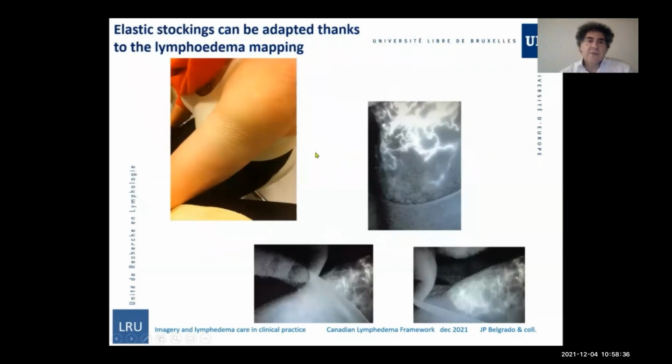The imaging is also interesting in relation to these elastic restraints or sleeves, to know how far the restraint should go up the arm of a patient. Here we have a patient who has secondary lymphedema after breast cancer, and you see that she compensates for her lymphatic drainage by the initial lymphatic network, and the initial lymphatic network in this territory is not covered and doesn't benefit from pressure.